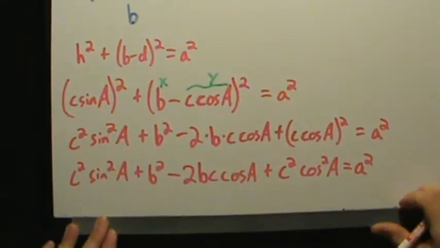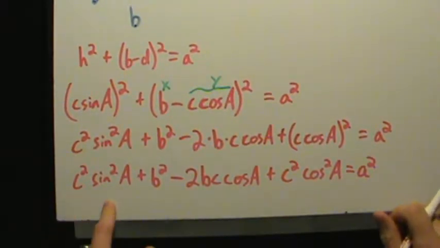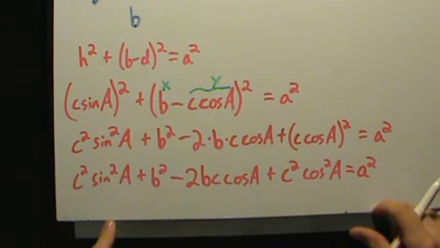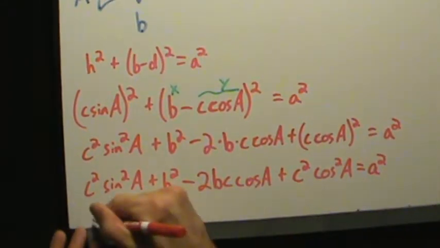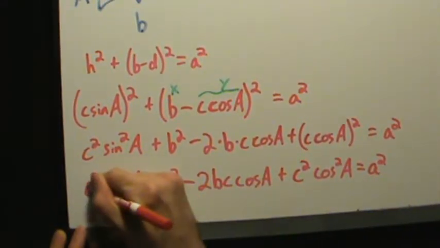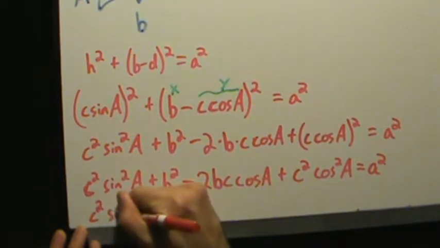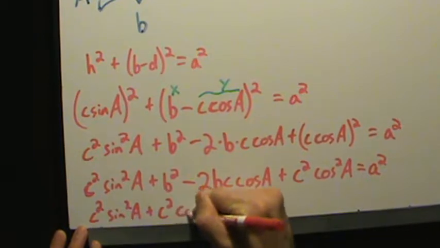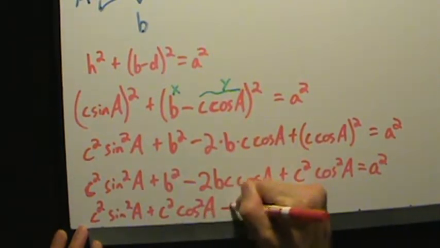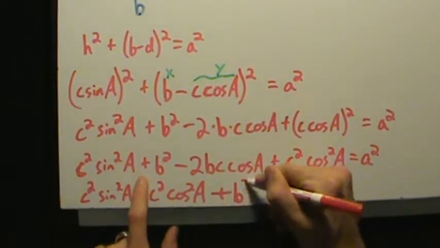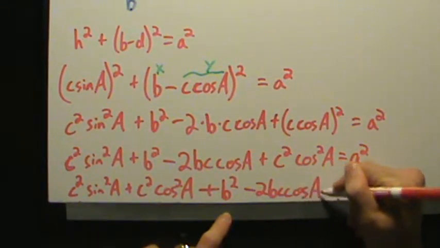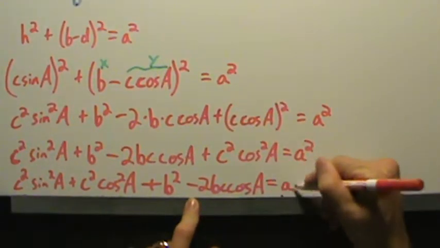All right, now notice here, c squared sine squared A plus c squared cosine squared A. And then all this stuff here. So let's get these guys together. So this is little c, that's a little c. Little c squared sine squared of A, and then plus little c squared cosine squared of A. And then we still have the plus b squared minus 2bc cosine A equals A squared.